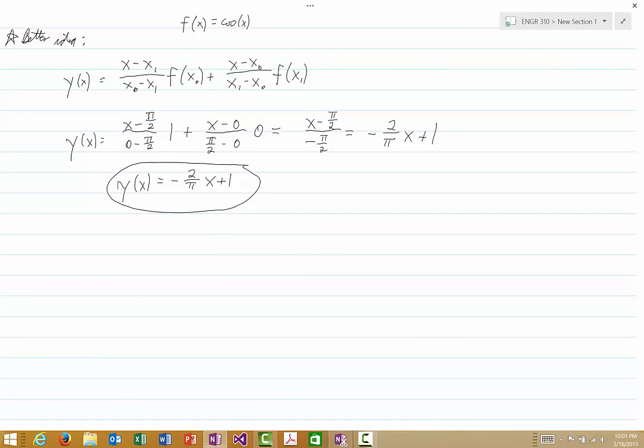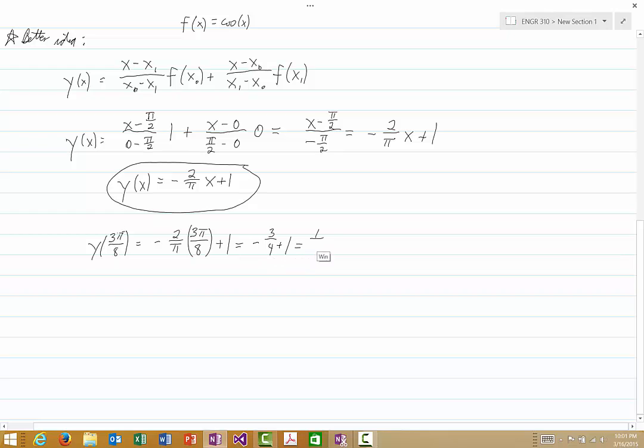So y of 3 pi over 8 will be minus 2 over pi times 3 pi over 8 plus 1, and the pi's cancel, and so we get minus 3/4 plus 1, which will be equal to 1/4.